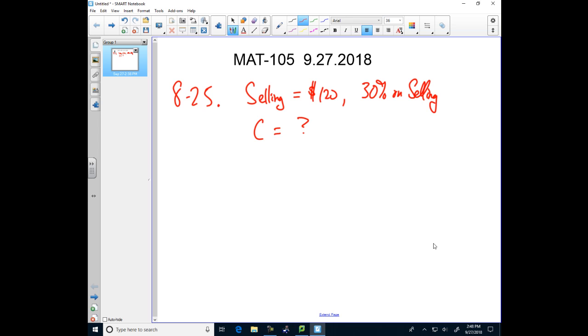So we're trying to find cost. We'd like to have C on this side, and we've got S and the percent markup on S that we can have on the other side. And we may have to do some manipulation.